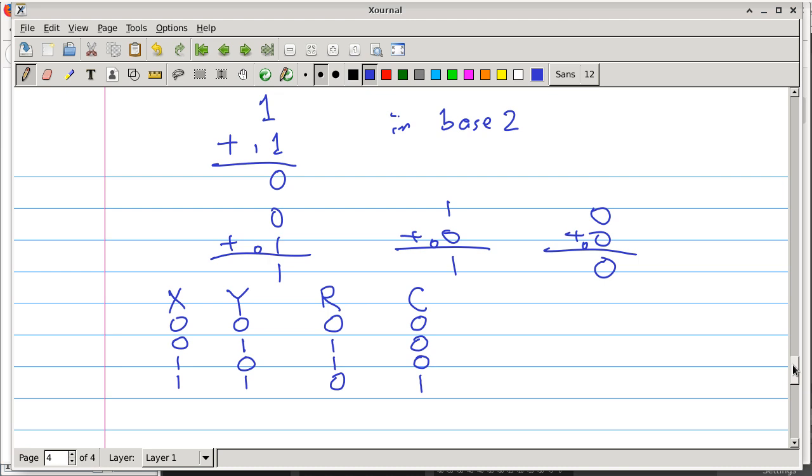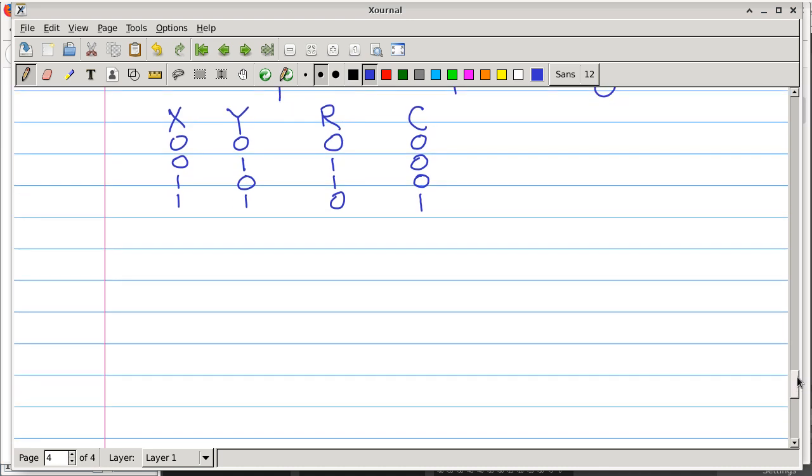And let me see how much space do I have. I do have enough space. Okay, so we have x, y, and this time we only focus on c. This is just a copy of what we already have, but I just want to focus on these three columns. 0, 0, 0, 0, 1, 0, 1, 0, also a 0, 1, 1, and a 1. Okay. Do you think this resembles some truth table that you might have encountered already?